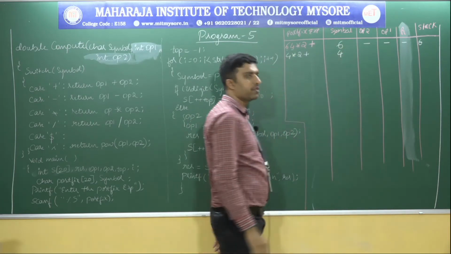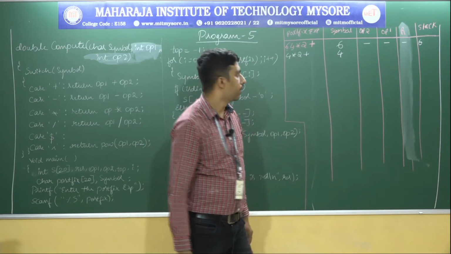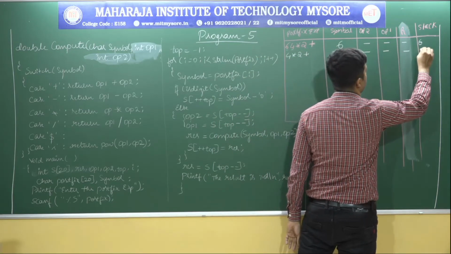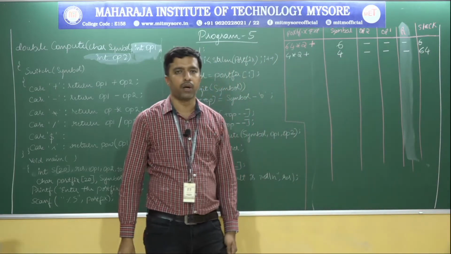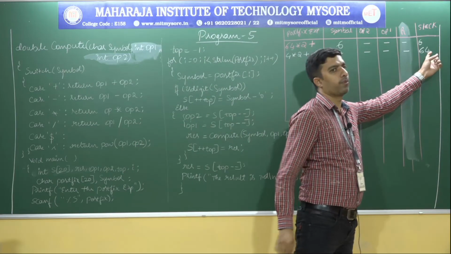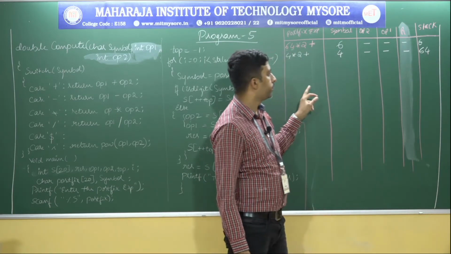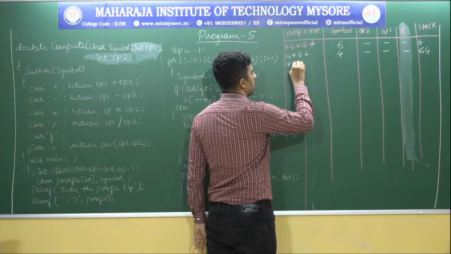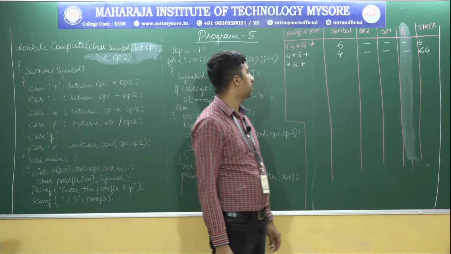Check whether this is an operator or an operand. This is an operand, not an operator, so we do not perform any operations. You just push it to the stack. Now the top of the stack is 4, and the remaining elements are * 2 +.